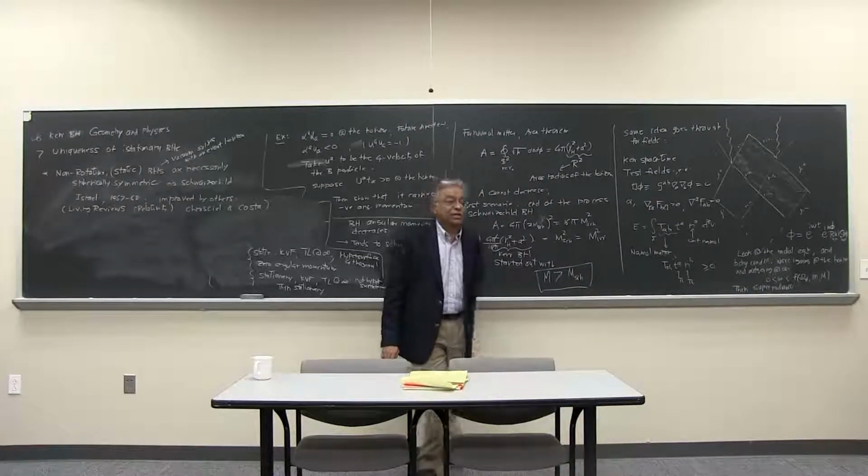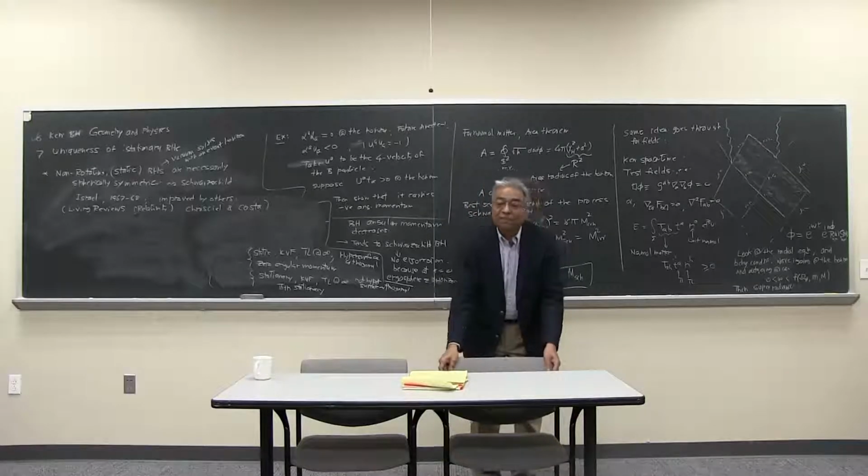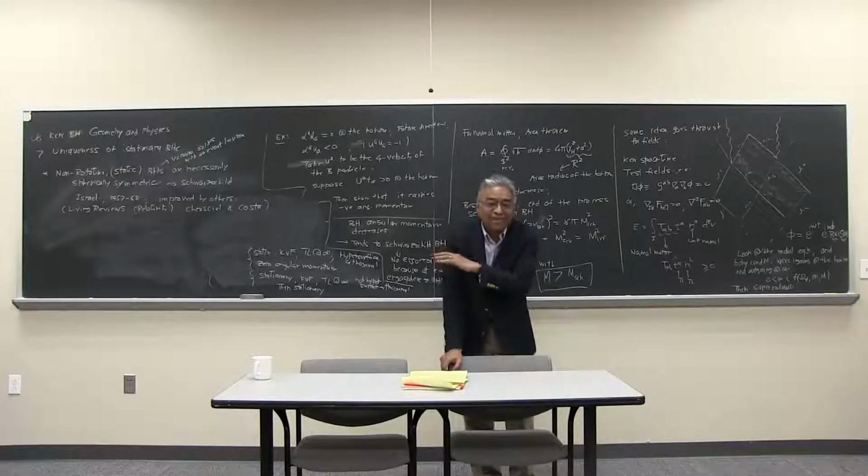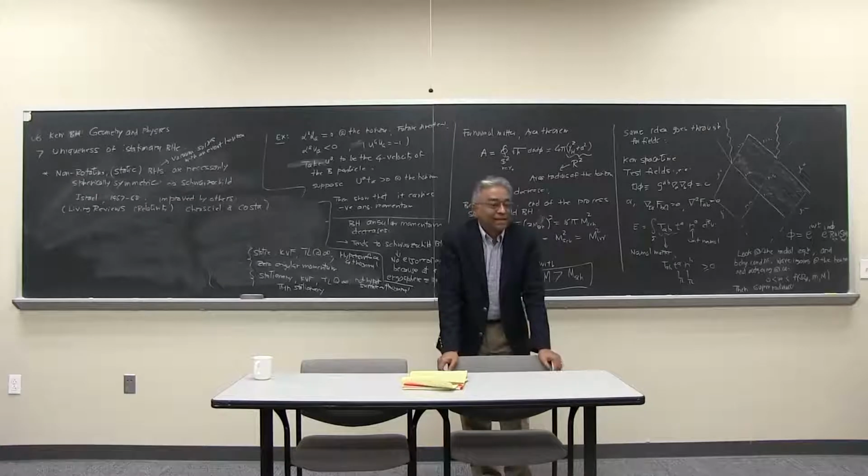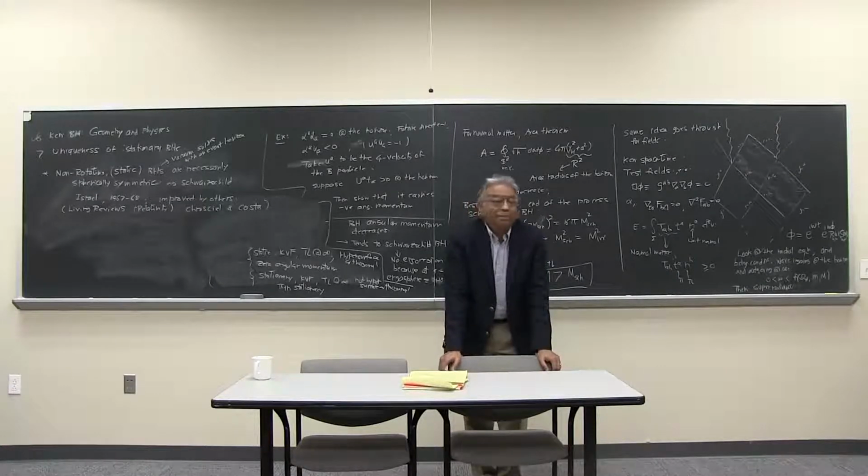And again, I mentioned this in the very first lecture: when the result first came out, this was before my time, but people tell me they were very surprised, and people thought that it means black holes are very rare.